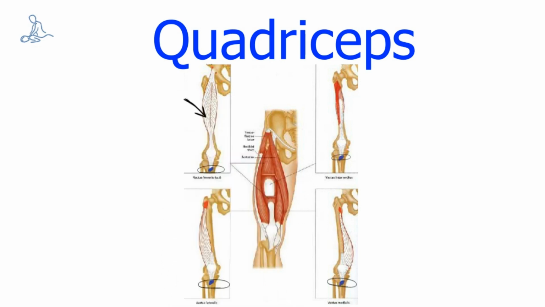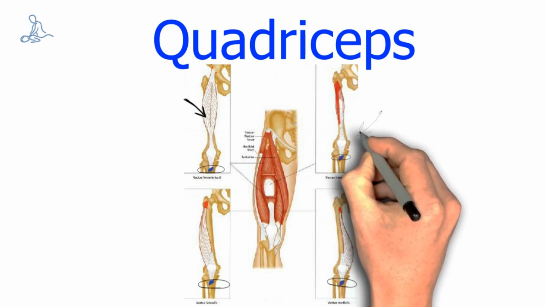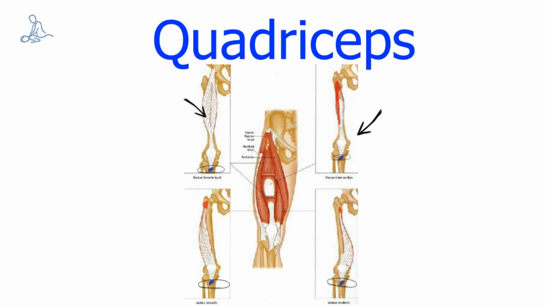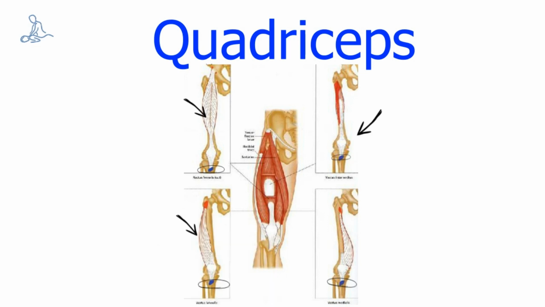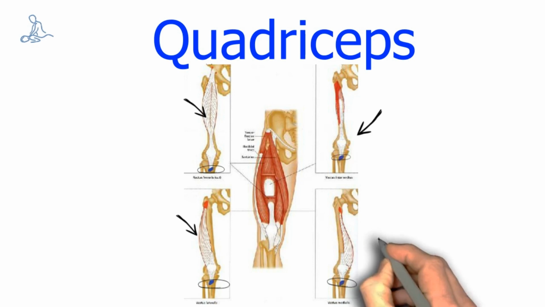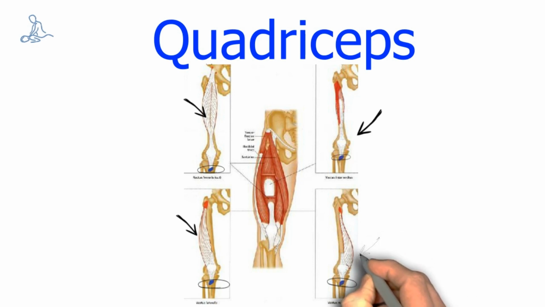Rectus femoris, vastus intermedius, vastus lateralis, vastus medialis make up the quadricep muscles.